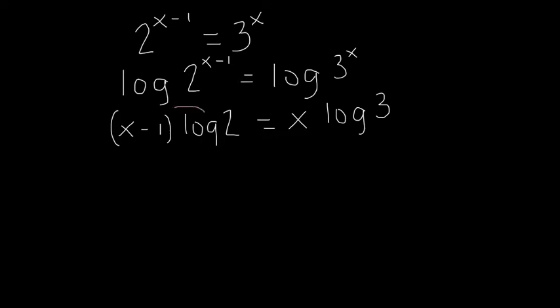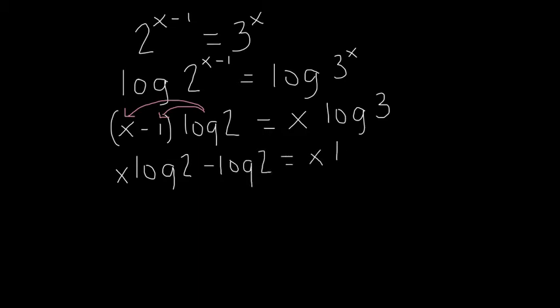But we do need to distribute it to the x and the negative 1. So I now have x log 2 minus log 2 times negative 1 is just negative log 2. On the right hand side we'll just carry down our work, x log 3.